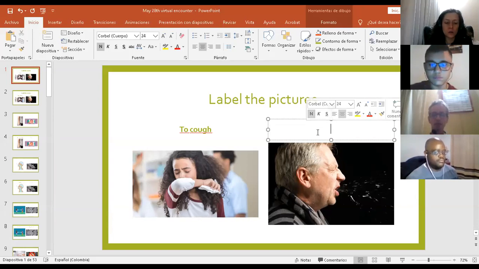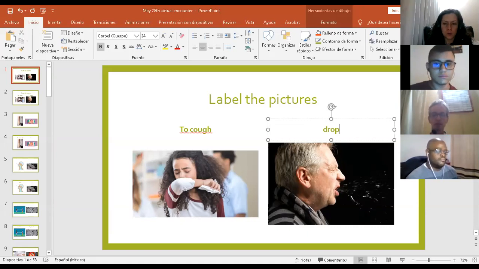Okay, those are droplets, which are those particles that we spread in the air when we cough or when we sneeze. Right? The action is sneeze and the particles are droplets. Yes.